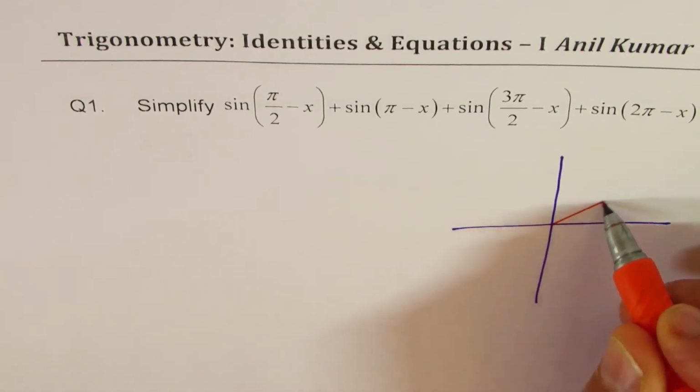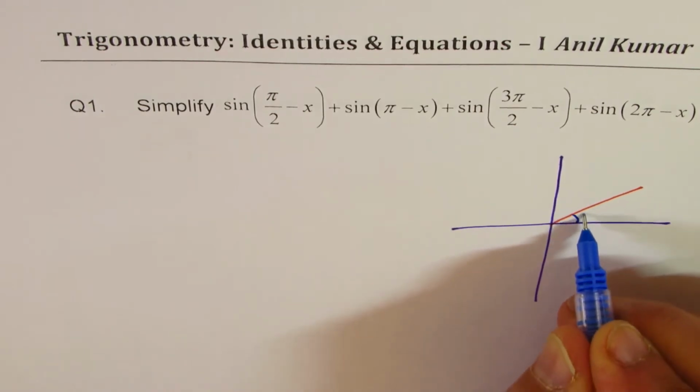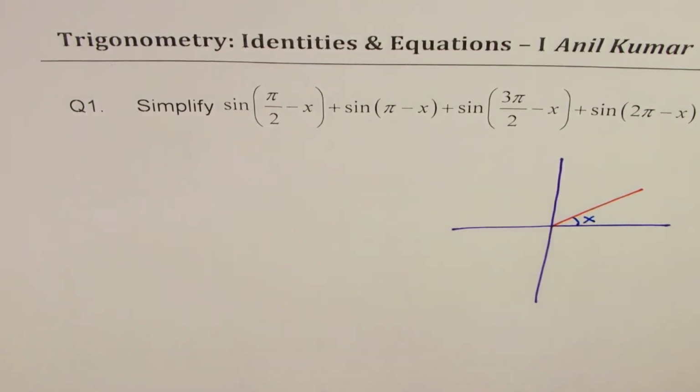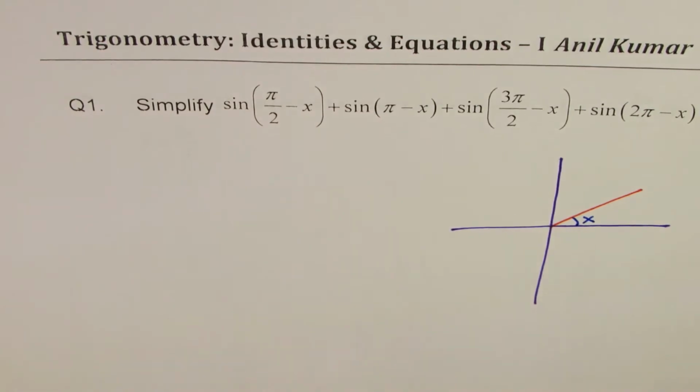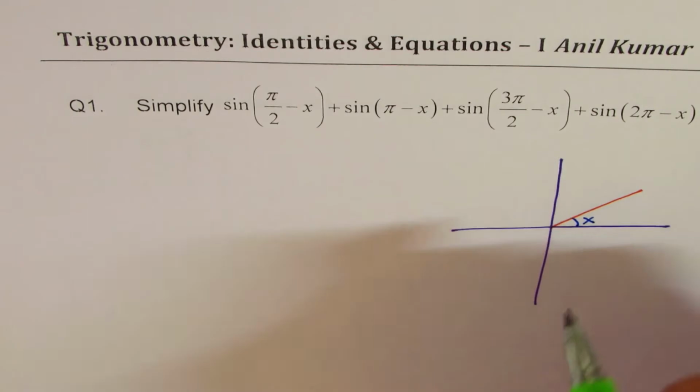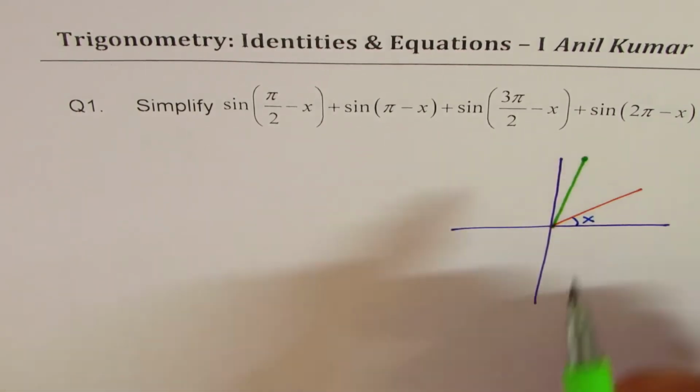So let us say that this is x. Now, when I say sine of pi by 2 minus x, then it really means what? It really means that we have transformed it to this position, right?